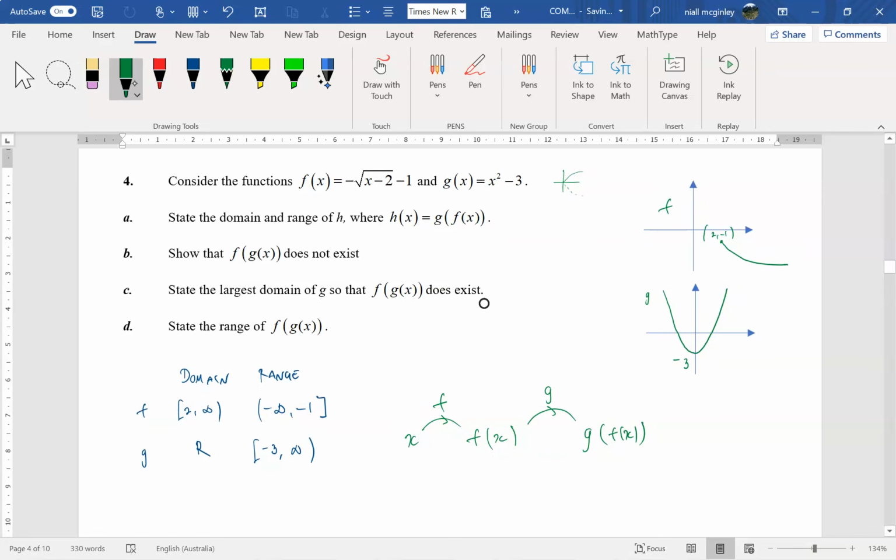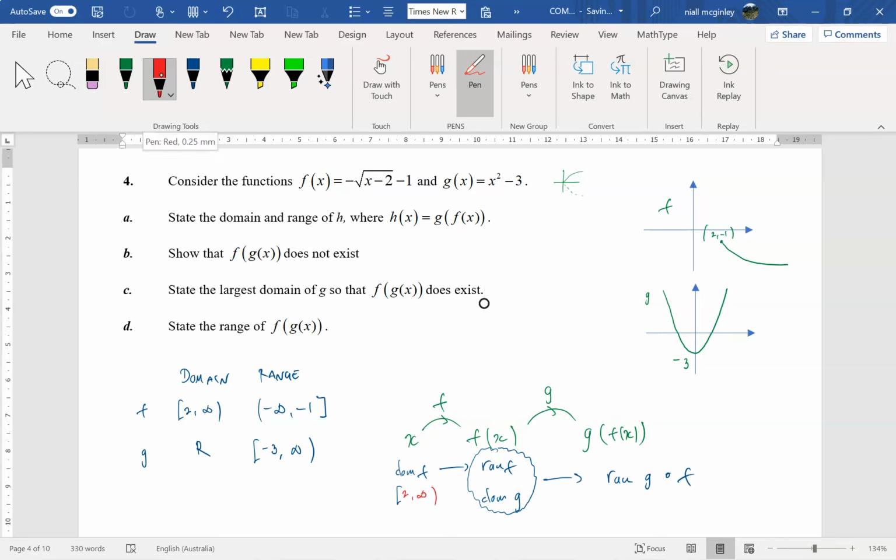So looking at the first part here, starting off with the domain of f, we always get out the range of f. Second part of the composite function, g, starts off with the domain of g, and then we'll end up with the range of g of f. So this is the key part here to showing whether it exists or doesn't exist. So the domain of f is going to be 2 to infinity.